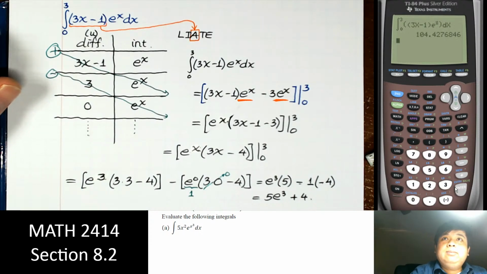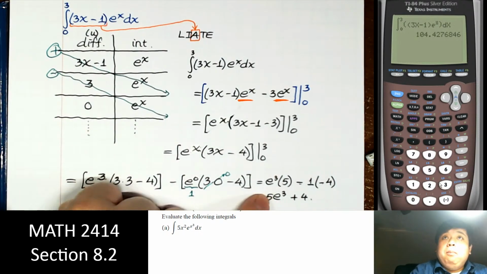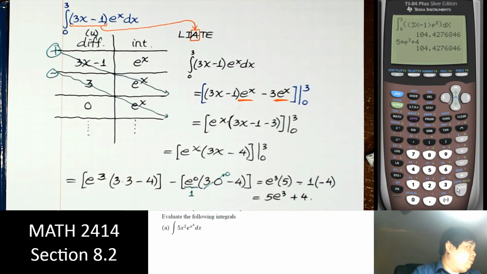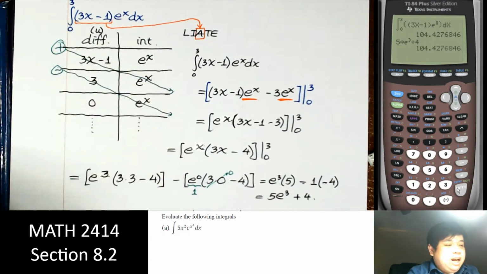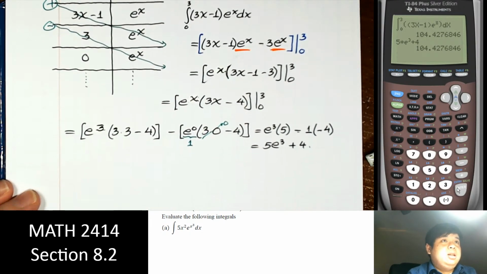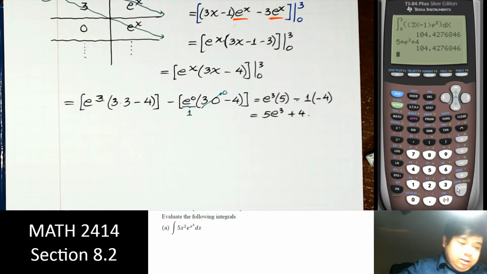And maybe this is the same: 5 times e cubed plus 4. Yeah, so that's good. So we just integrate by parts like we normally do, but this time we have the limits. So we're just going to add and evaluate it.